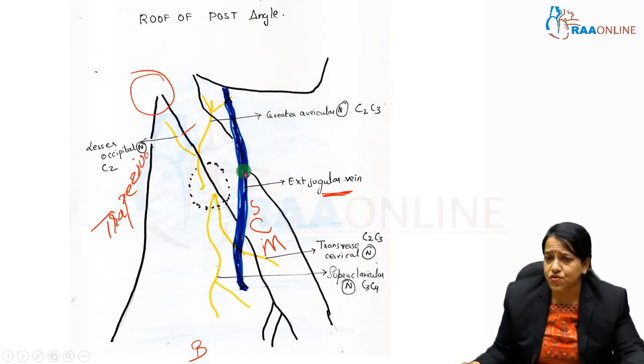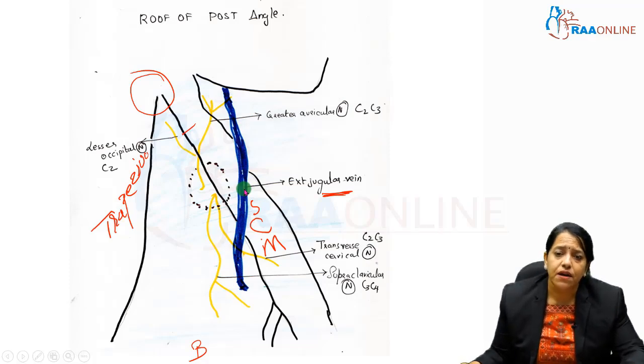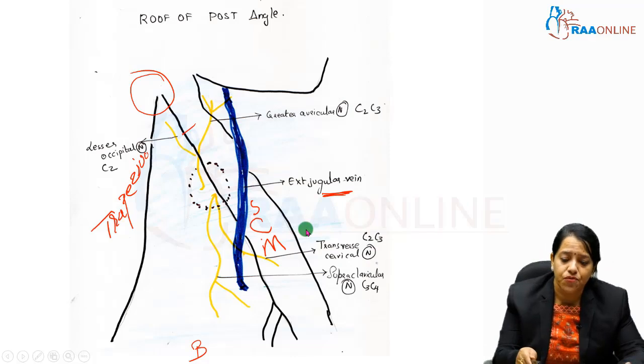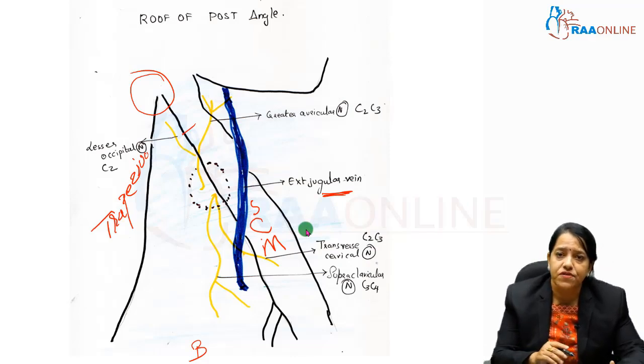It is more or less straight, and it can be used to measure the pressure in the right atrium. Now coming to the other structures in the roof, the superficial fascia will contain the platysma. Platysma is a thin sheet of muscle present in the superficial fascia of the neck.